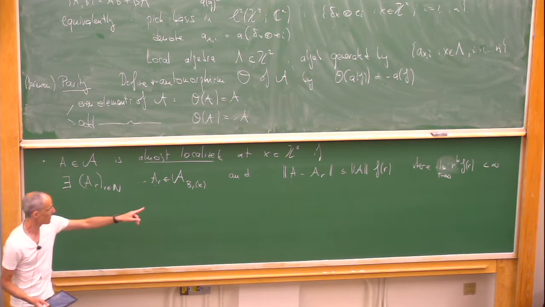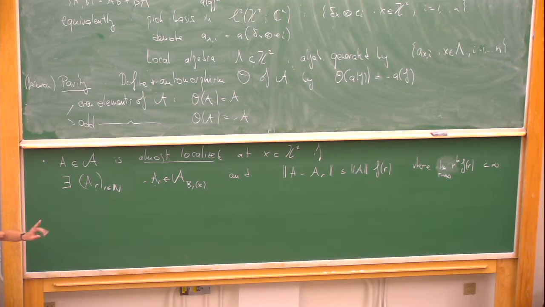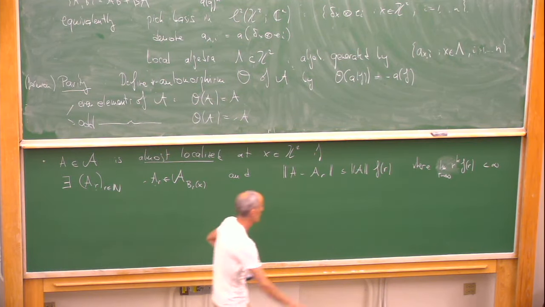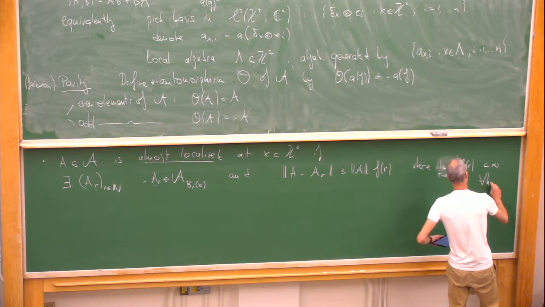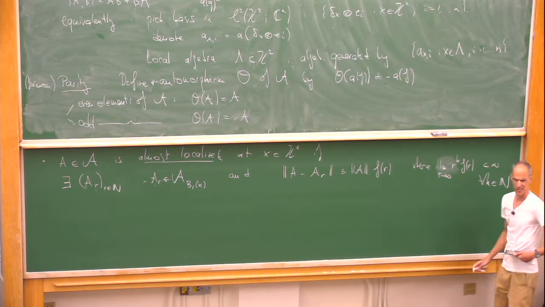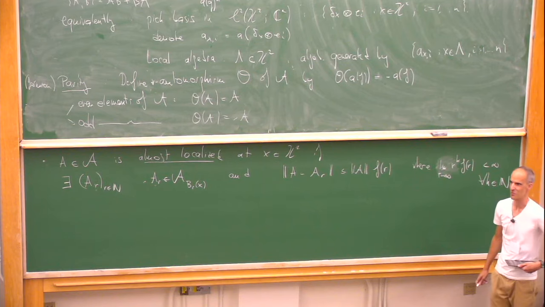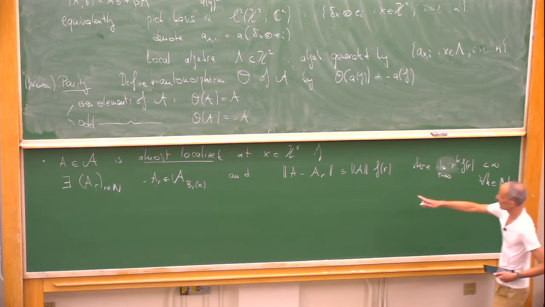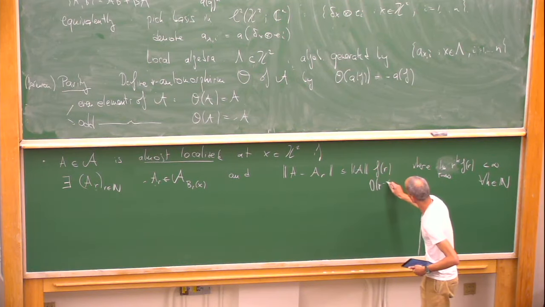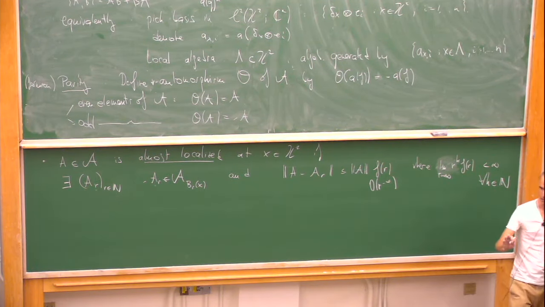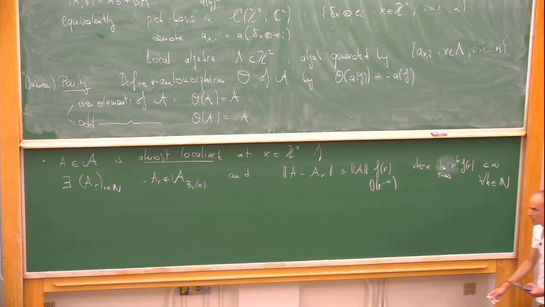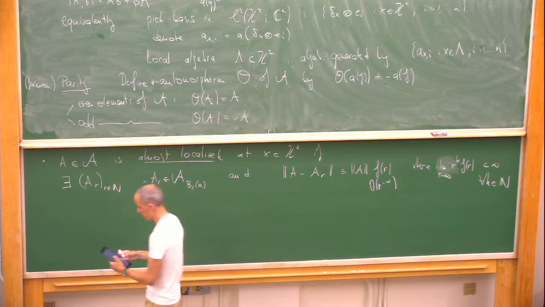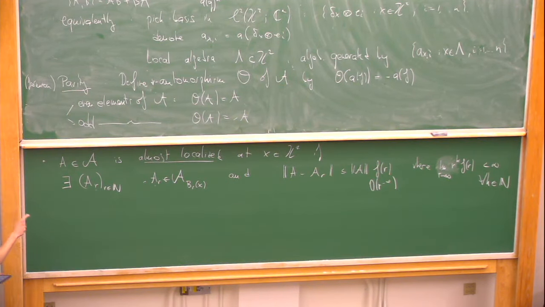And this F of R just says it decays faster than any power, so I should have said for all K. When I start seeing looks like this, I'm thinking something is wrong. Yeah, okay. I could also have written O of R to the minus infinity, to use what we've seen many times, certainly within Caroline's talk. So that's the almost local algebra, and that fits Caroline's definition of almost local earlier today.